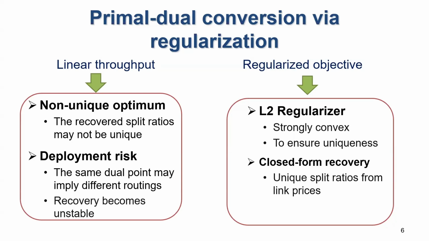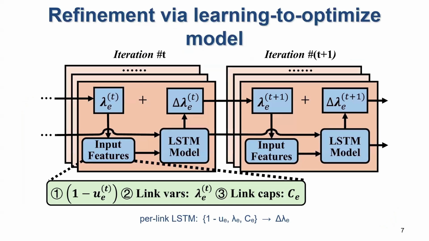The resulting objective is strongly convex, which makes the primal solution unique. Specifically, for a fixed link price vector, each commodity can then recover its split ratios with a closed-form solution. The second challenge is convergence within limited iterations.